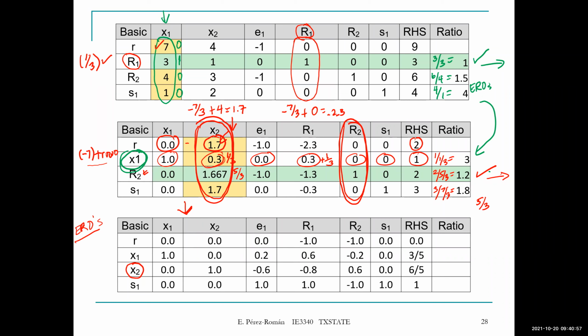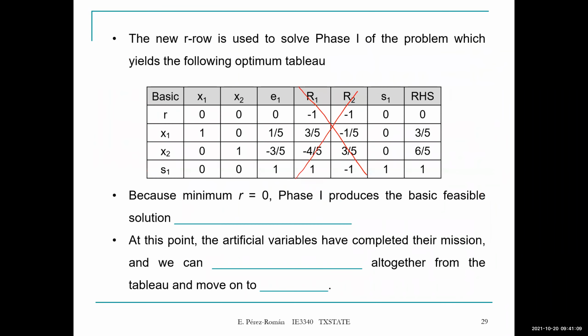X1 equals 3 over 5, X2 equals 6 over 5, S1 equals 1. So what we do at this point is we take the coefficients for the solution from phase one. We can eliminate the artificial variables from this tableau because they have completed their purpose. They're no longer part of the basics.